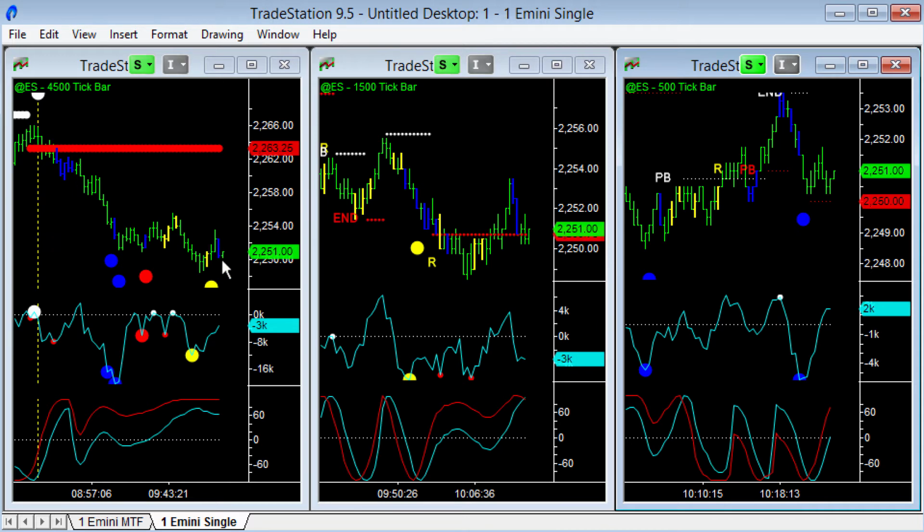I really like the blue professional down bar on the 4500. Here's where they were getting short right at the open, and that's what led to this whole move down. That got me wrong-footed up here. I was going long instead of going short, and that was dumb. It was a huge move down. But anyway, let's not cry over spilt milk.